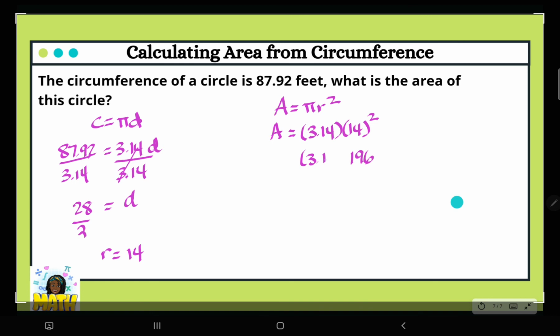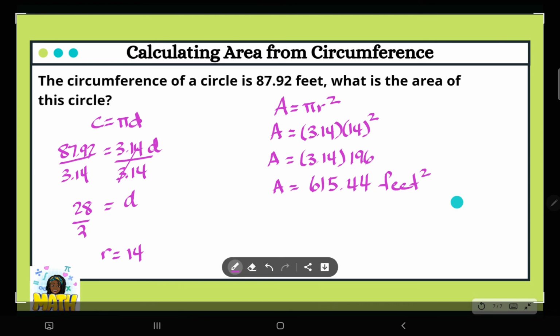And we're going to multiply that by our 3.14. And we find that the product of 3.14 and 196 is 615.44. Our units are feet, so that'll be feet squared. So the area of a circle whose circumference is 87.92 feet is 615.44 feet squared.